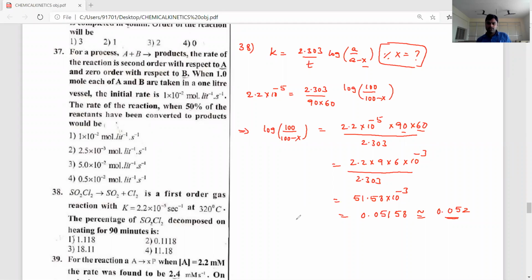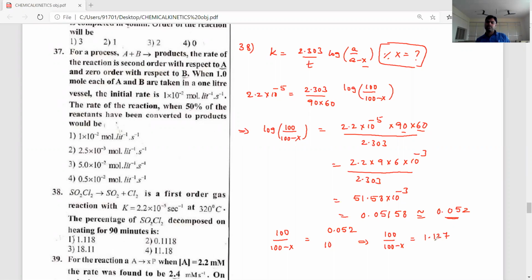Now let's find 100 by 100 minus x. If we remove the log, it becomes 10 to the power of 0.052, so we need the anti-logarithm of 0.052. Then 100 by 100 minus x is equal to 1.127.